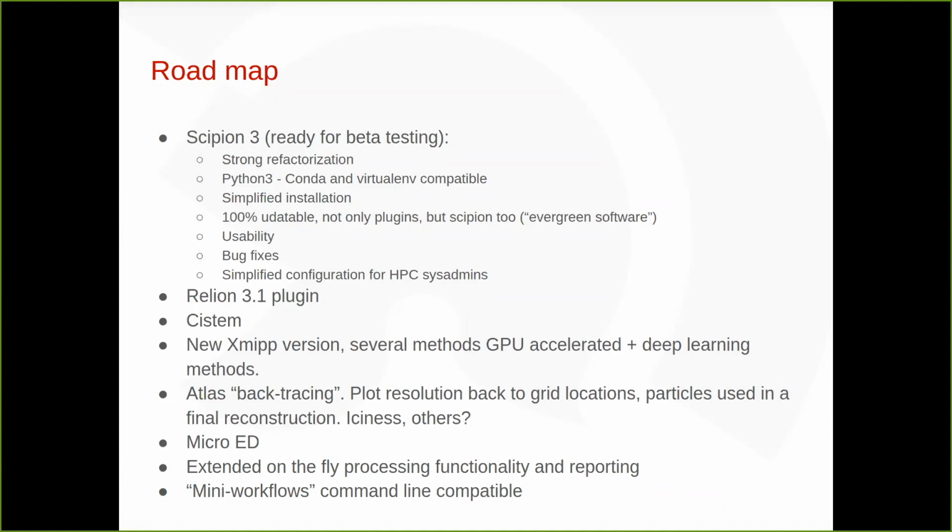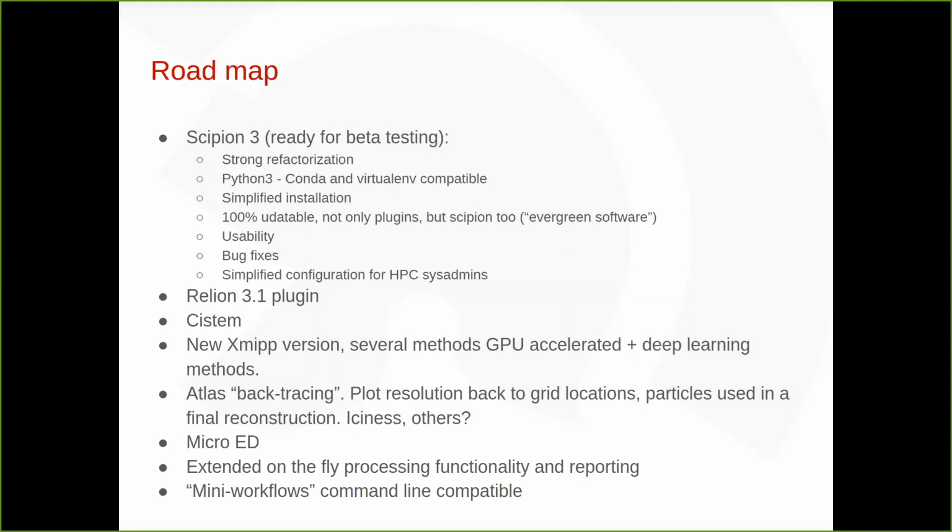With this new refactorization, Scipion will be able to be updated as well. So 100% of the code will be updatable, and probably it will be the last time you install Scipion.